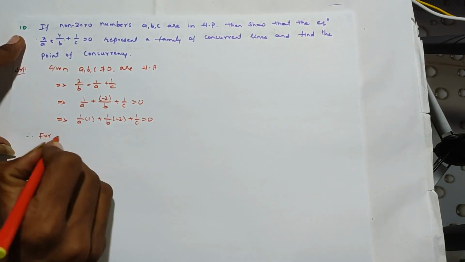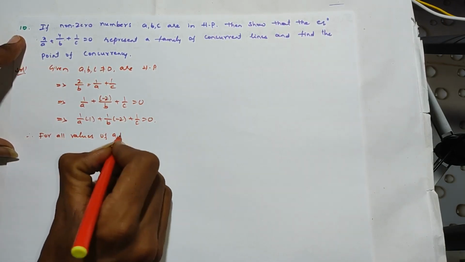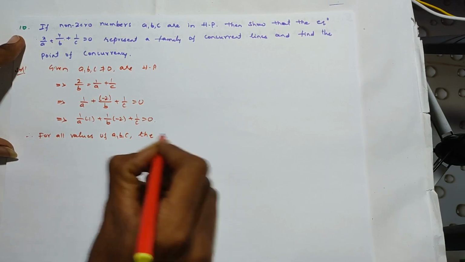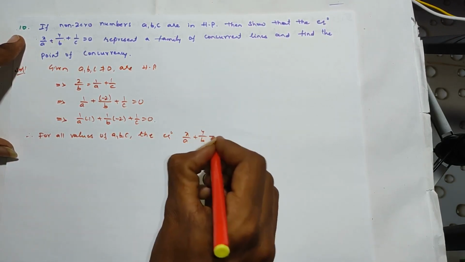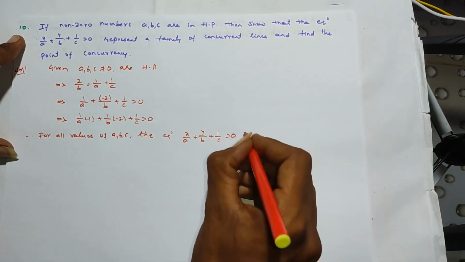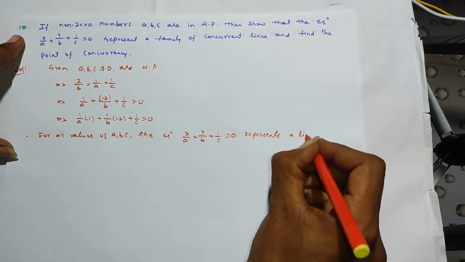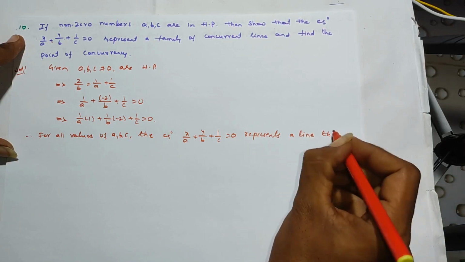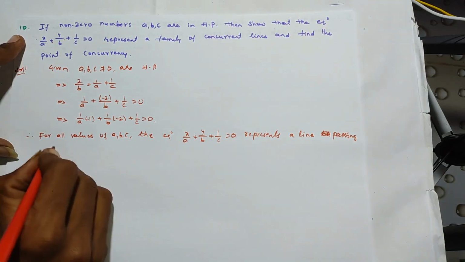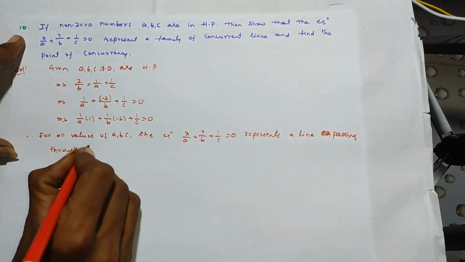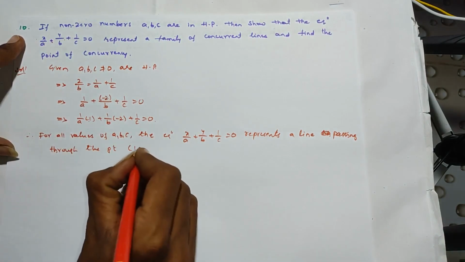Therefore, for all values of a, b, c, the equation x/a + y/b + 1/c = 0 represents a line passing through the point, what point? (1, -2).